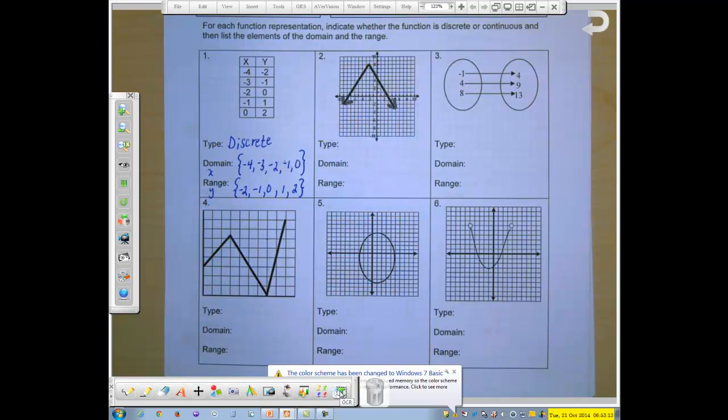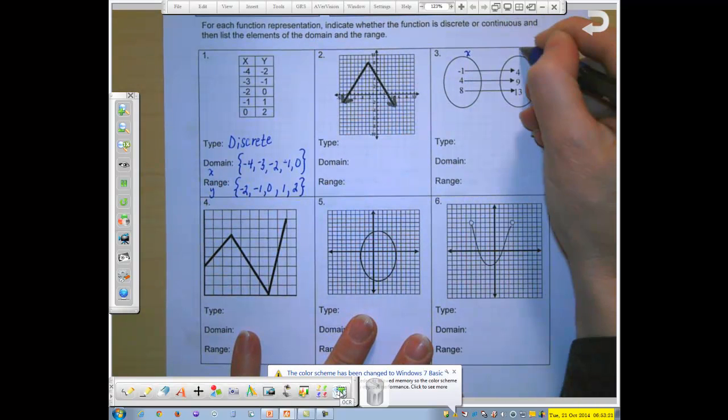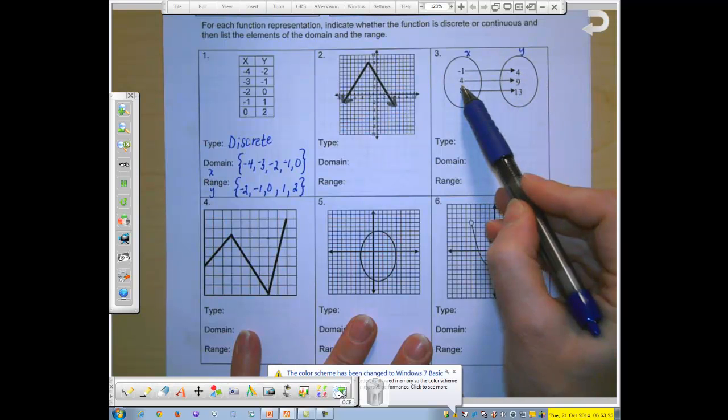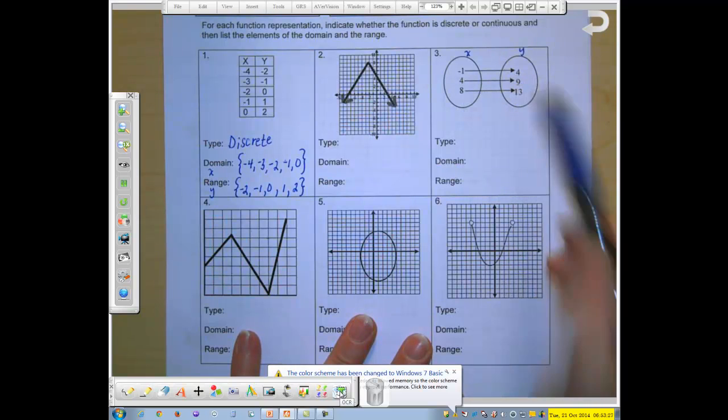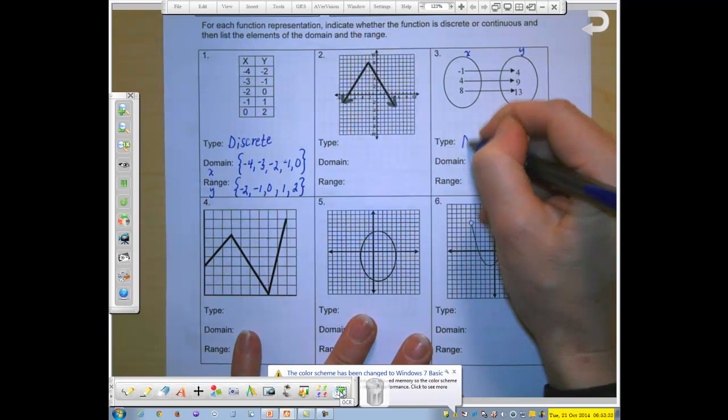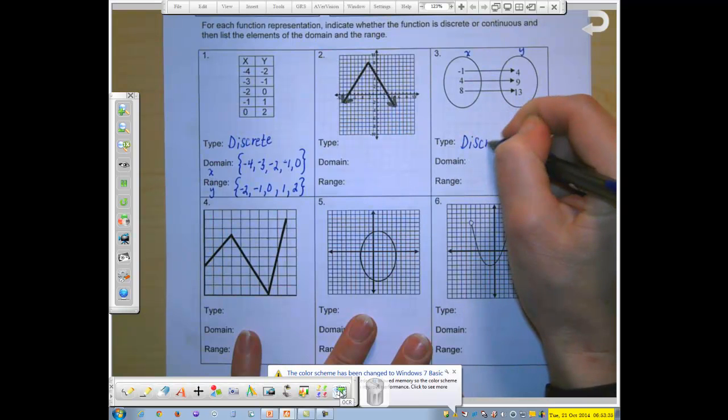Is this a discrete or a continuous function? Again, we have specific points that are listed. Here's our x values, and here's our y values. Negative 1, 4; 4, 9; and 8, 13 would be the ordered pairs. So since this is basically a list of ordered pairs, this is a discrete data set.